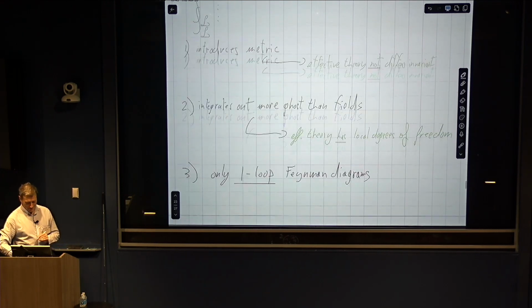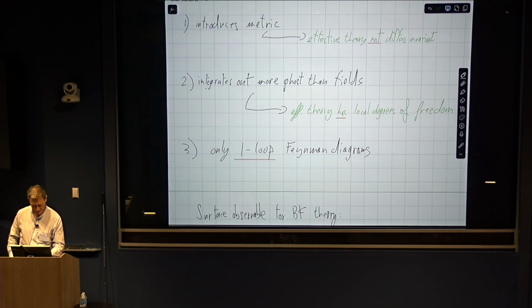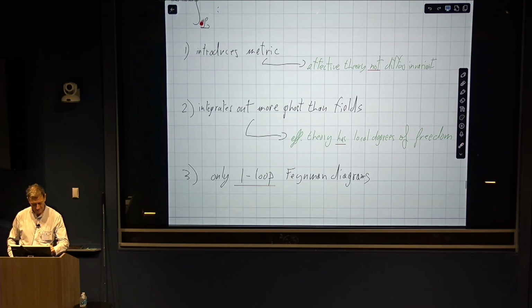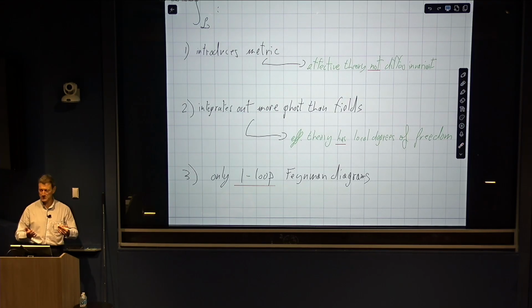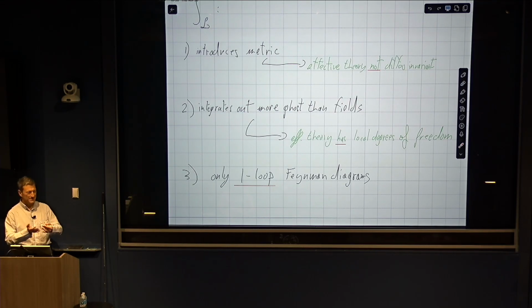Let me tell you the other observation: in this partial integration here, we are integrating out more ghost fields than fields. Here I mean fields of ghost number 1 or 2, rather than fields of ghost number 0. The result is that the effective theory now has local degrees of freedom. The local degrees of freedom are computed in the derived setting.